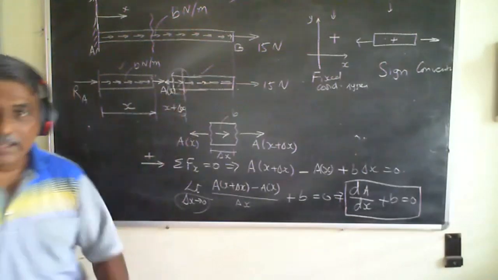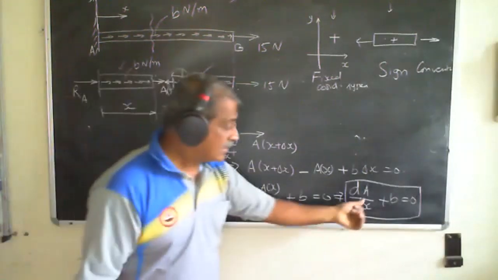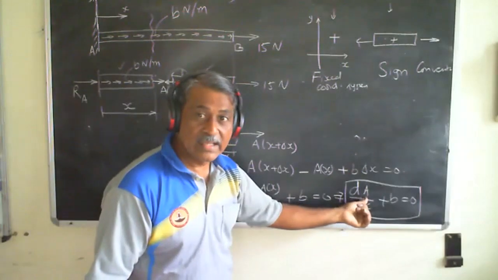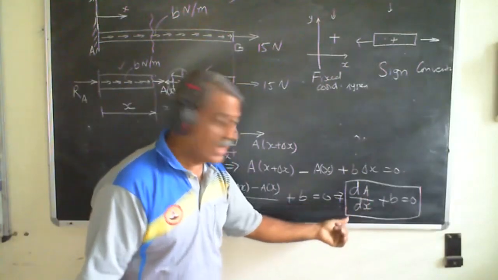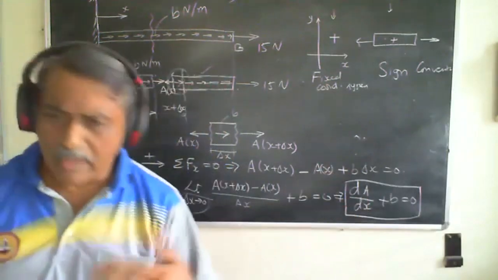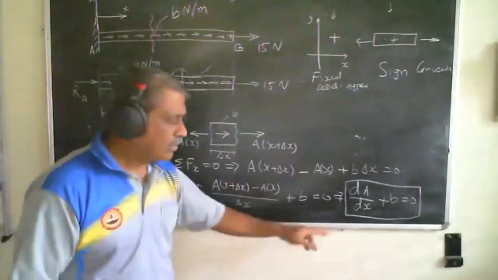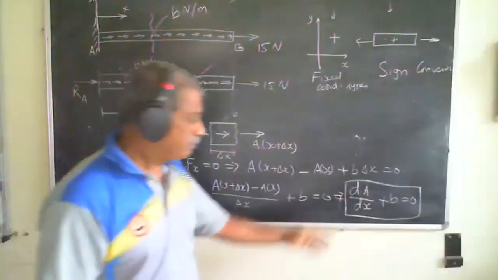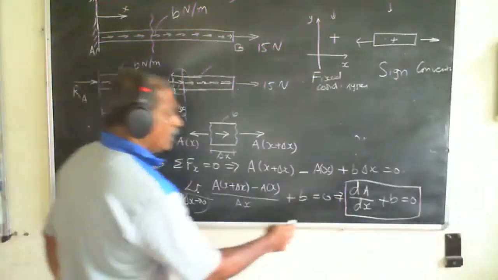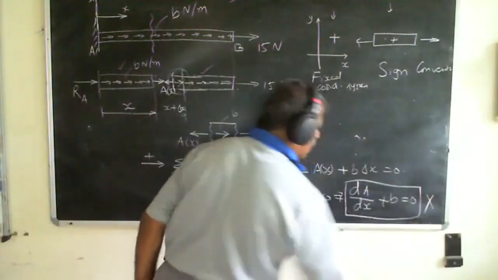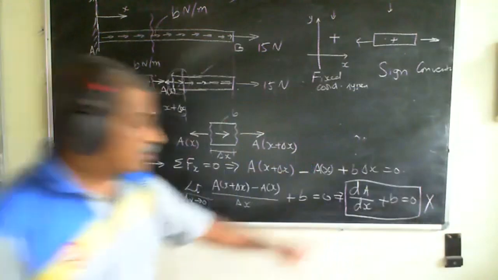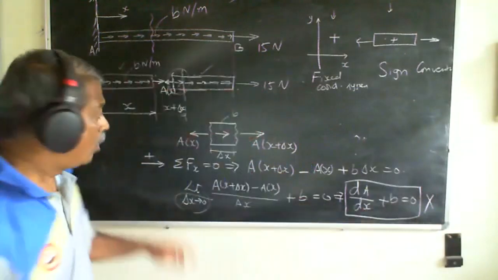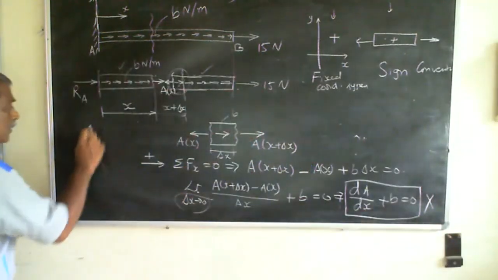There are two things that you have done so that there is a continuity of this internal force and not uniformity, but continuity. There is a continuity, or in other words, A should be differentiable. Okay. Now, this is not enough. This is not enough. This does not solve me the problem of finding out A of x.